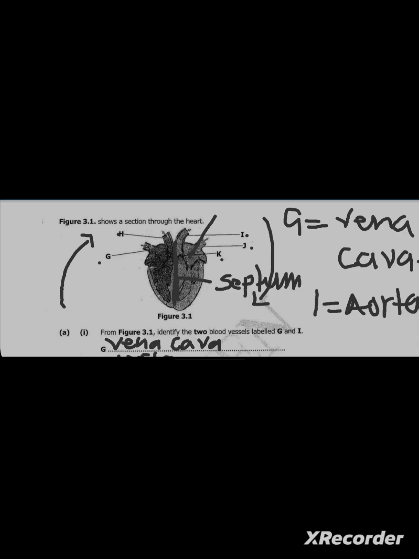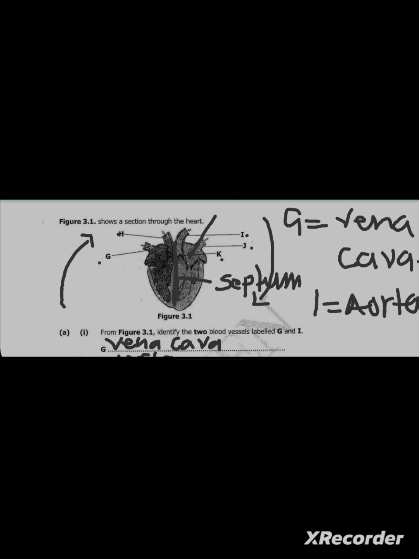It receives the blood from the lungs after oxygenation, and then it squeezes the blood, and the blood will be transported to the left ventricle. This part is the left ventricle, and it pumps the blood to the rest of the body.